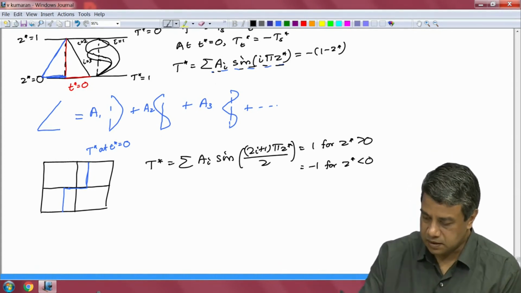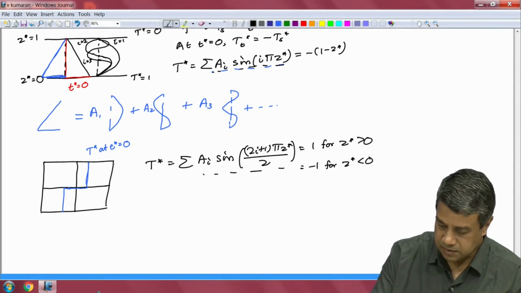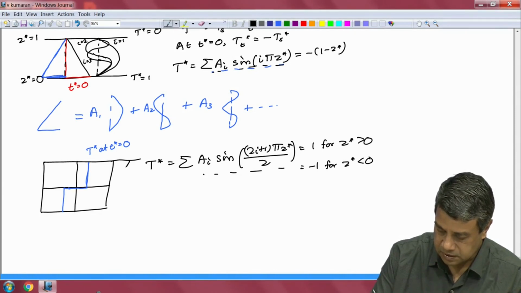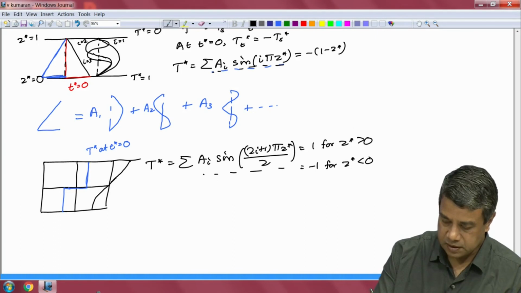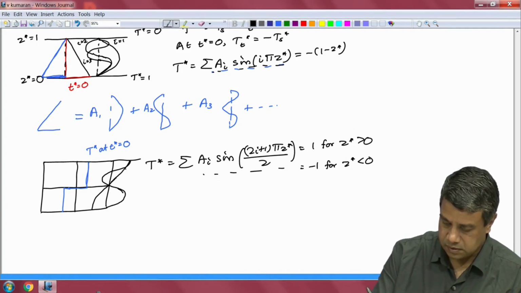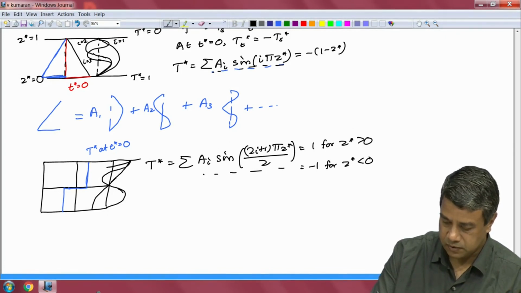So, if you look at the terms in this series, the first term would look something like this. The second term would look something like this. The third term would have more lobes here.